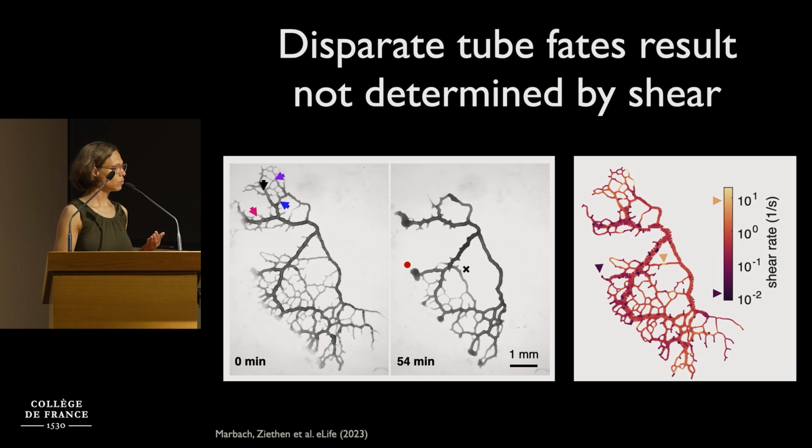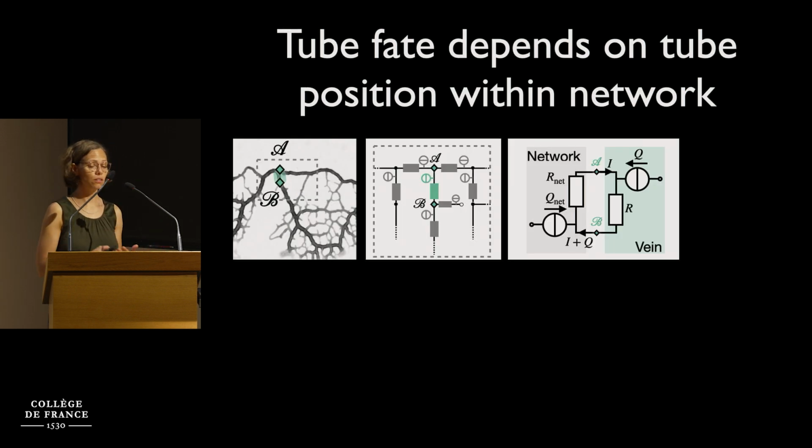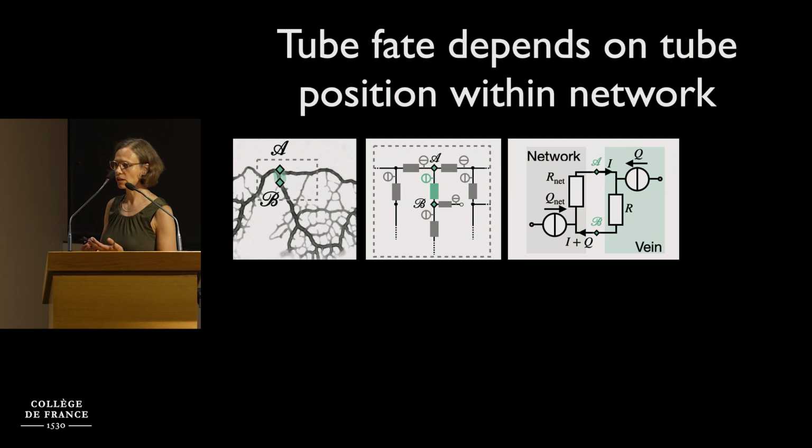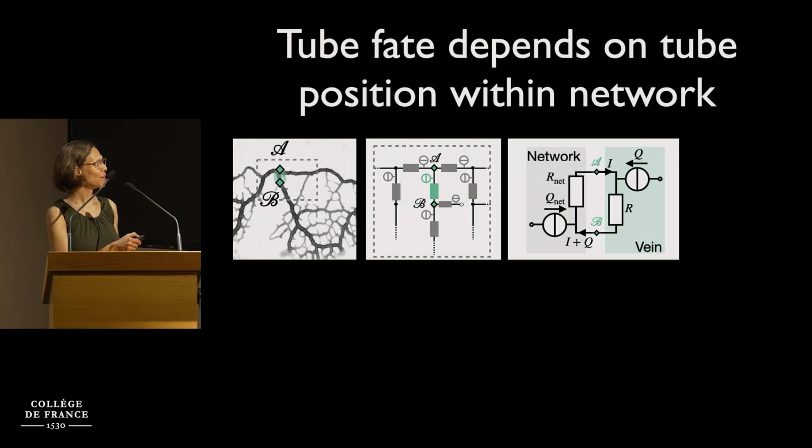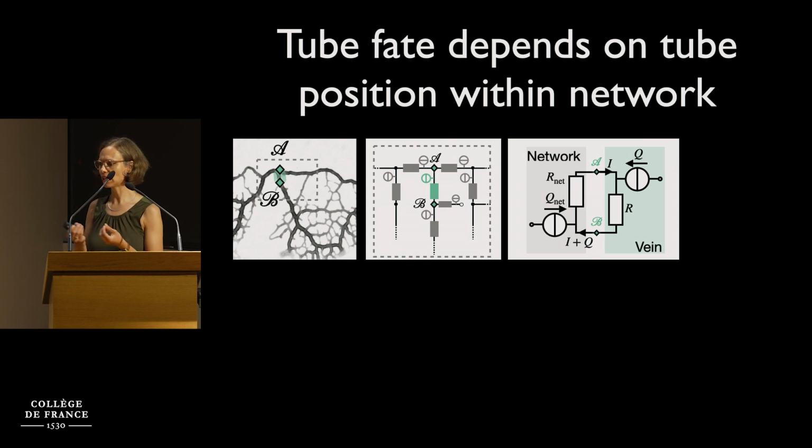So what is missing is the following insight that we could only achieve by reminding ourselves of high school physics knowledge. Because it turns out if you look at a flow network, you can exactly map it to an electric circuit, right? Where now every tube is a link in your electric circuit with a certain resistance, and what's different for Physarum is that here we always have some inflow due to the pumping, but it's basically a resistance network.